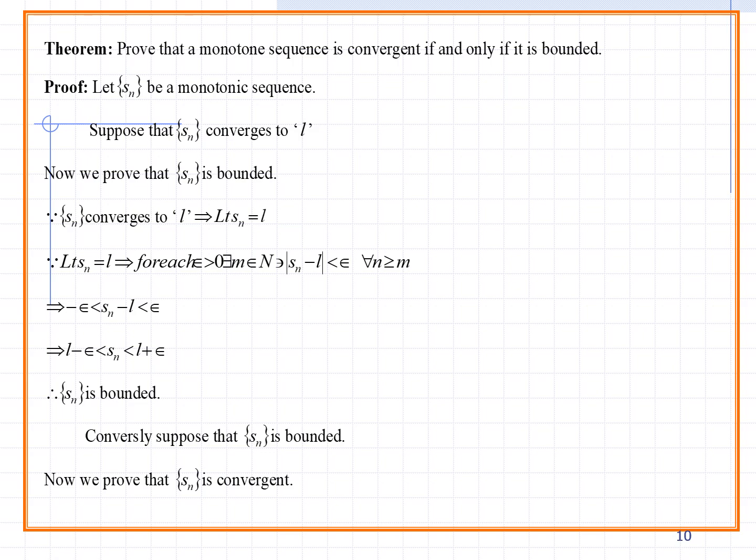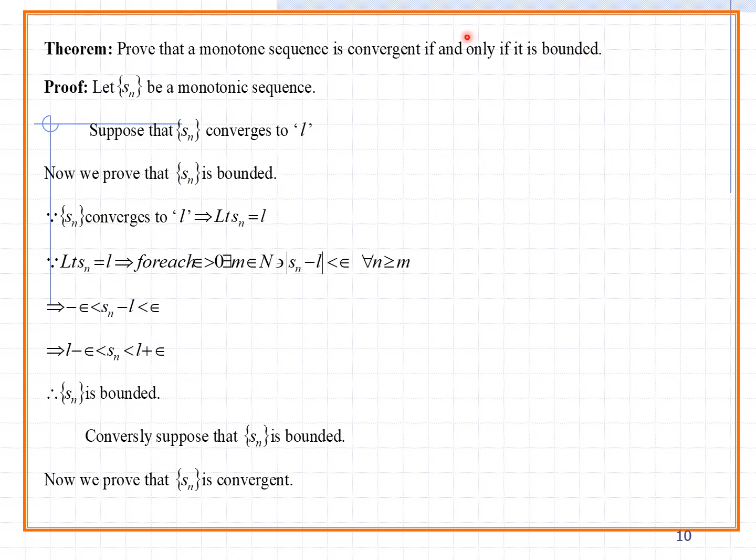Let us see this very important theorem. Prove that a monotonic sequence is convergent if and only if it is bounded. Monotonic means either an increasing sequence or a decreasing sequence. A sequence is compulsory.